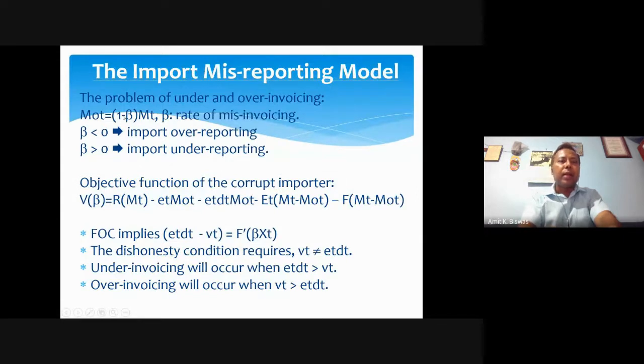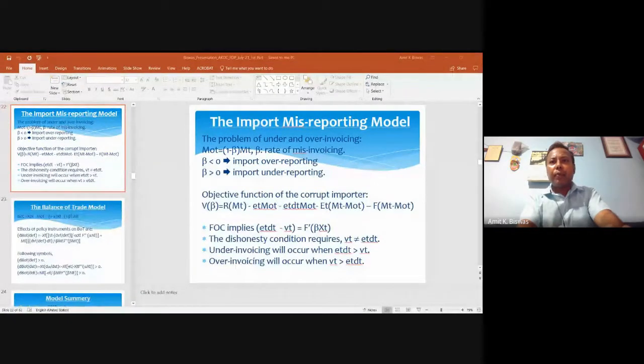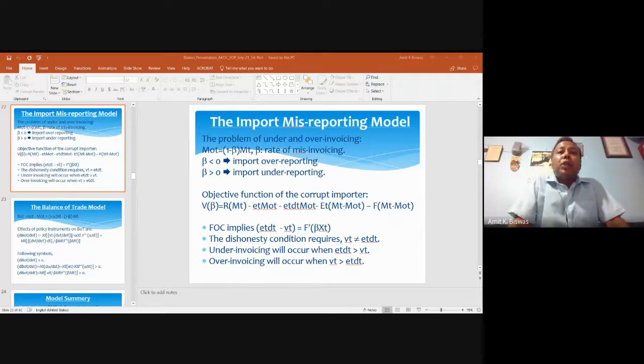Beta is your rate of underreporting or misreporting. Goes up. Why does it go up? Because in exchange of my currency, I get more foreign currency. It should go up.